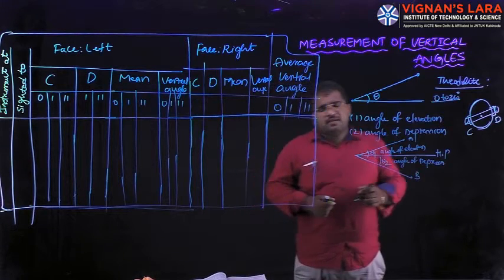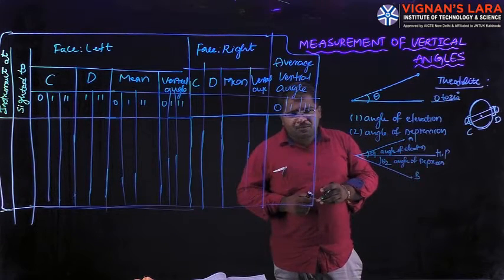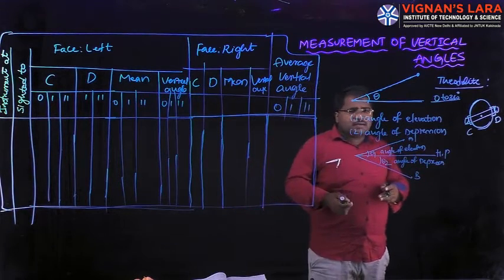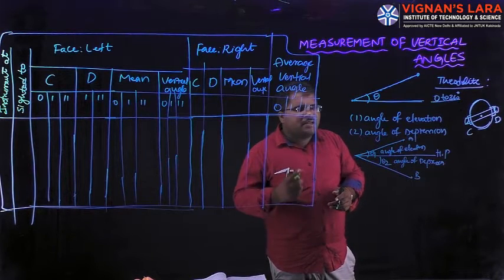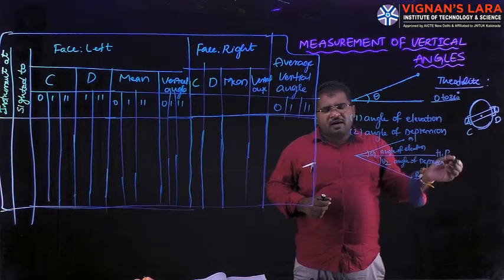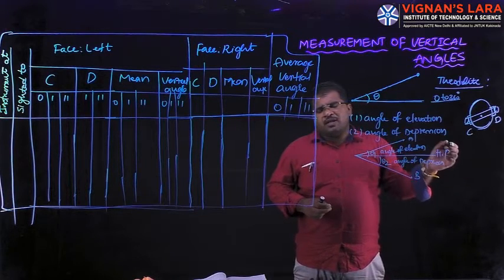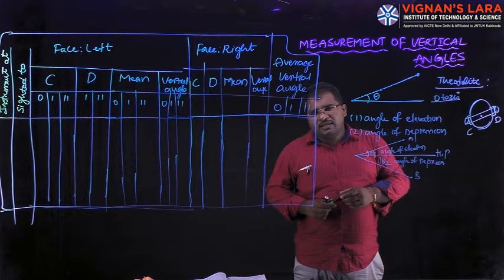Now before going for the measurement of vertical angle, we know that the theodolite has two types of bubble tube. One is the altitude bubble, another is at the bottom. In the case of horizontal angles, we use the bubble just above the three foot screws.